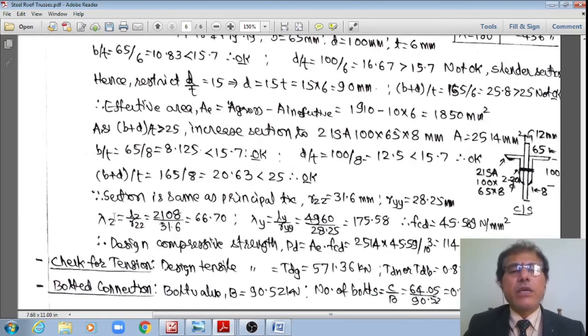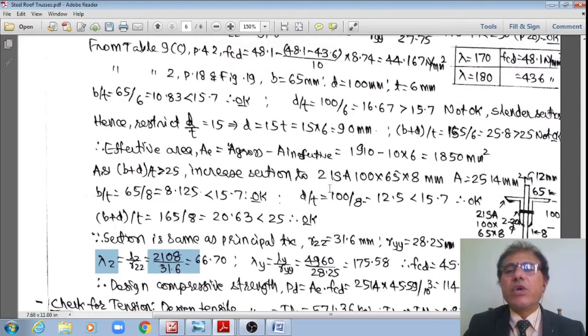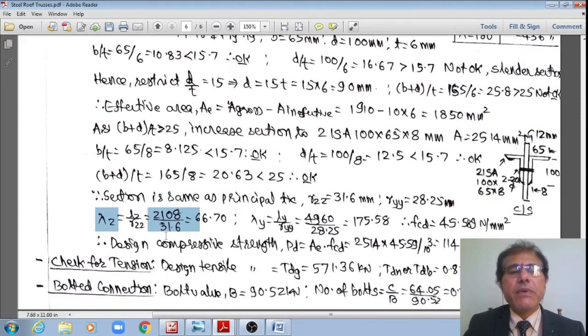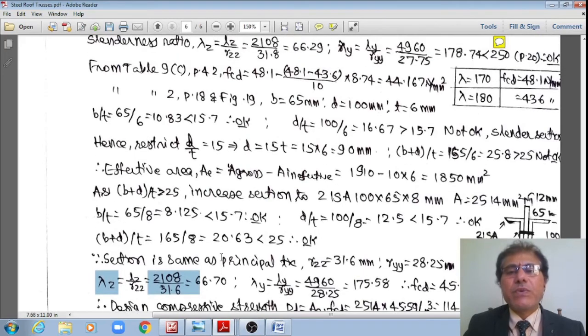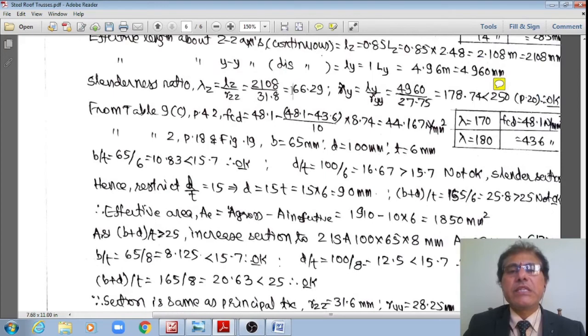Or alternatively, I am showing the results. What is my lambda z now? Slenderness ratio about the major axis is LZ divided by RZZ, 2108 divided by 31.6. It works out as 66.7. There is a small change now.